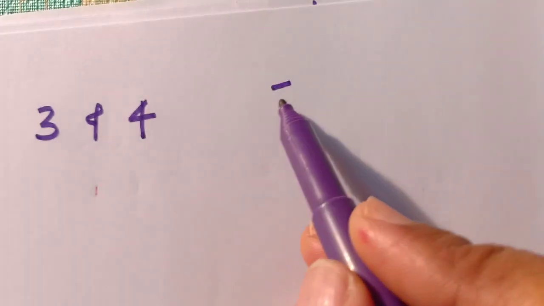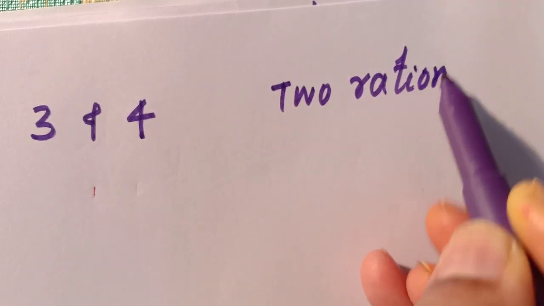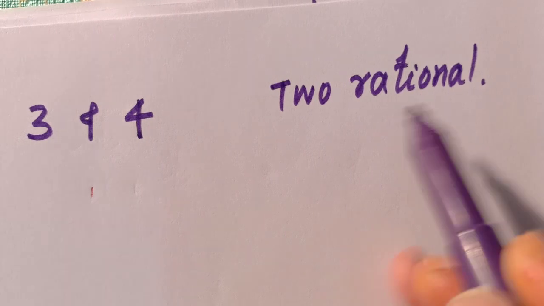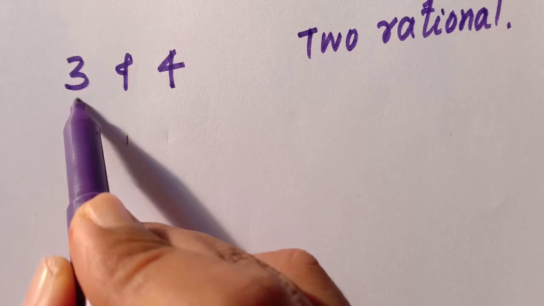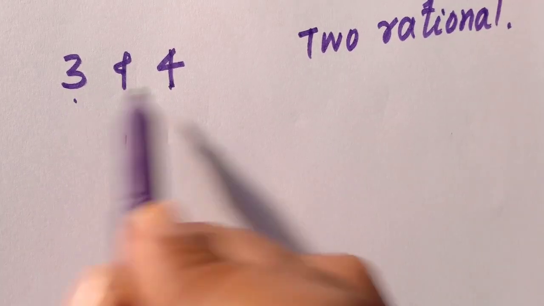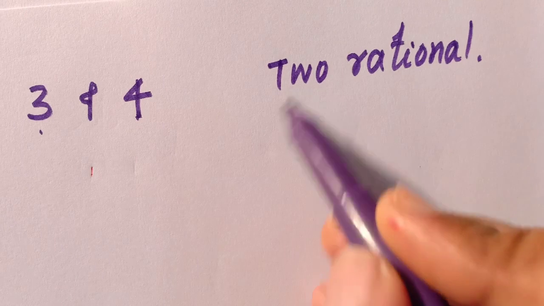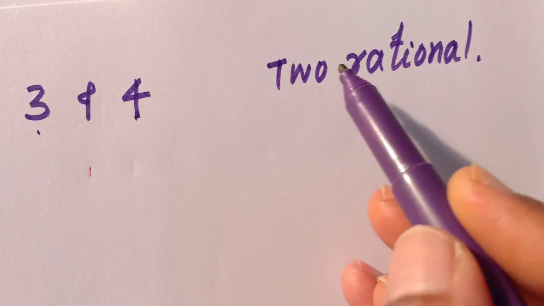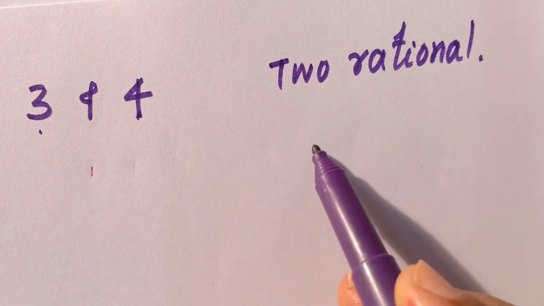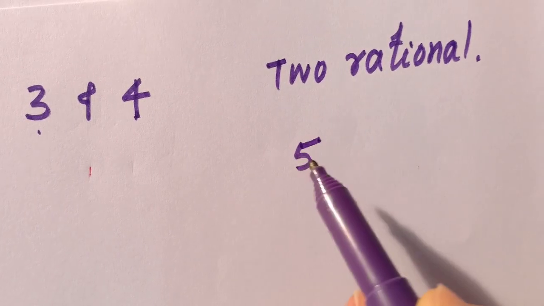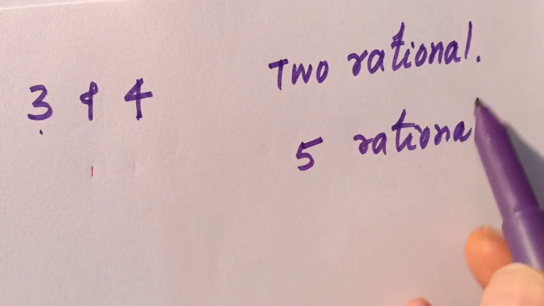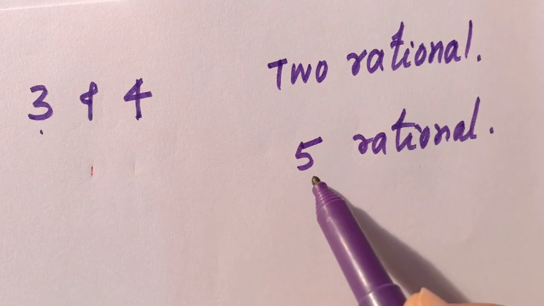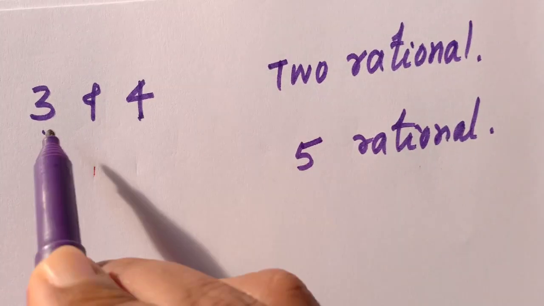Then we have to make the denominator of these numbers 2 plus 1, that is, take plus 1 with that. If we want 5 rational numbers between these two numbers, we will make 6 the denominator.